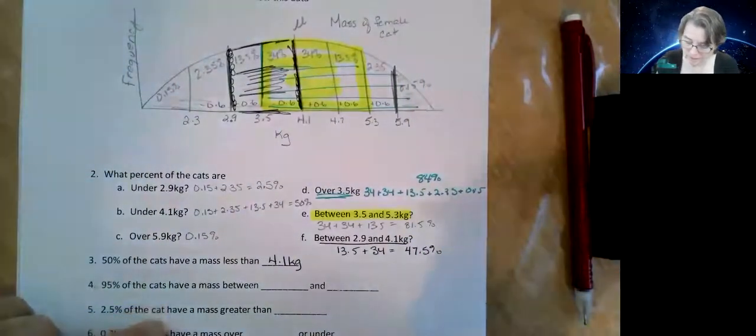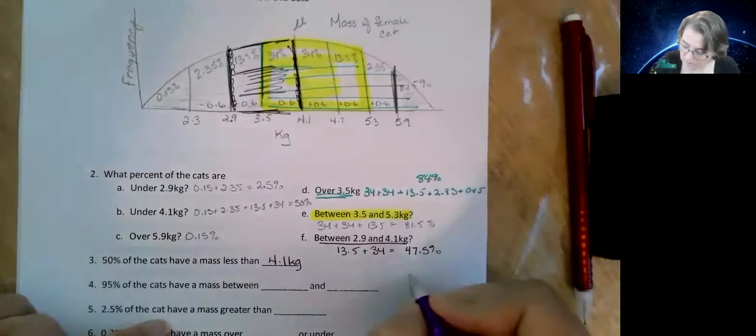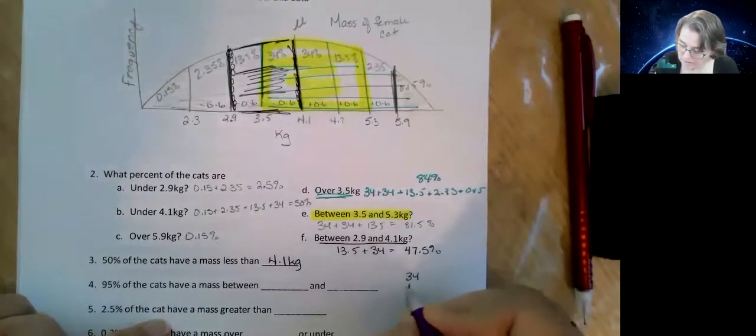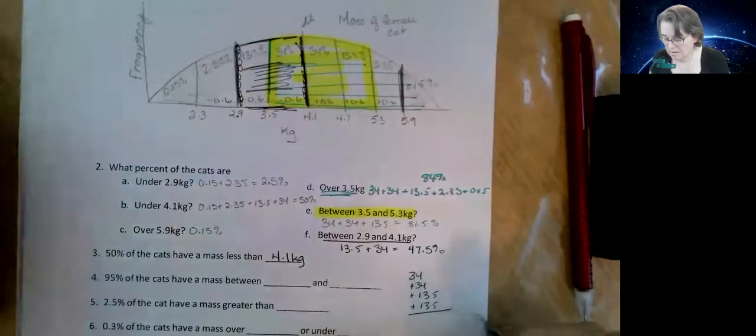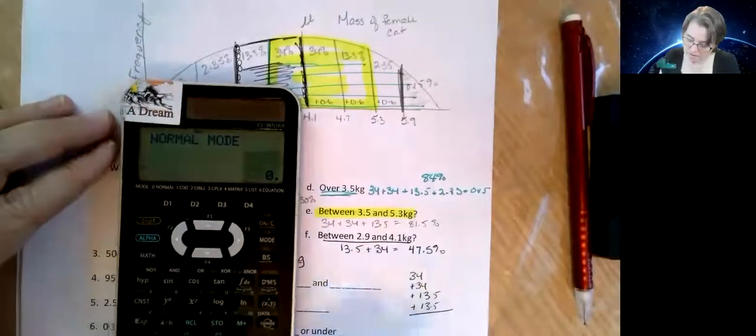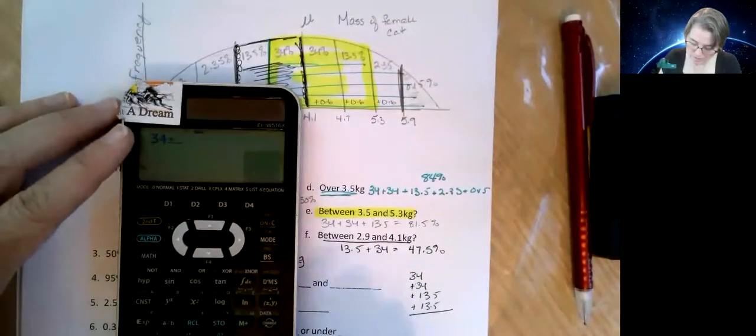Or failing that, you can start at the middle and work out. 34 plus 13.5 plus 13.5, that should give us 95. 34 plus 34 plus 13.5.